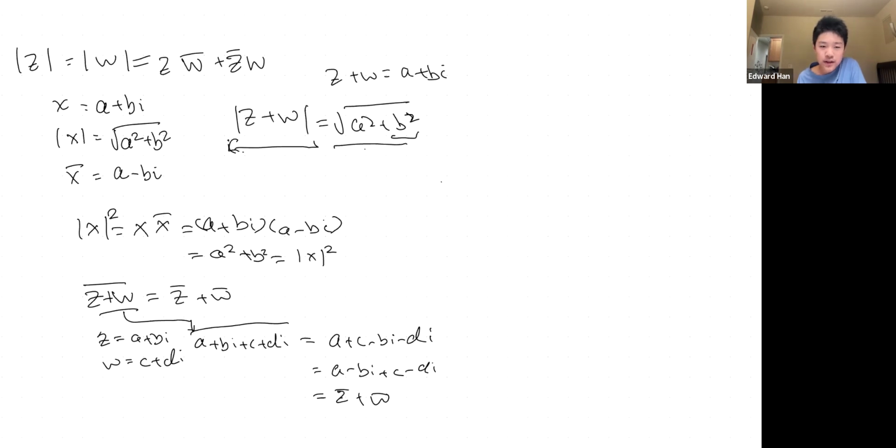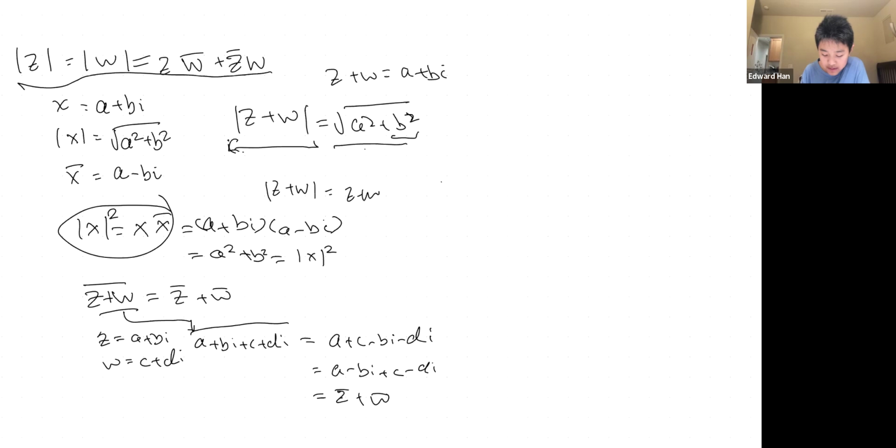But first we have to make sure that the magnitude of z plus w does not change if we change a, because we have some very specific conditions that we have to follow. So first we see this: the magnitude of z plus w squared, as I talked about in the first property over here, is equal to z plus w times the conjugate, which is the conjugate of z plus w.